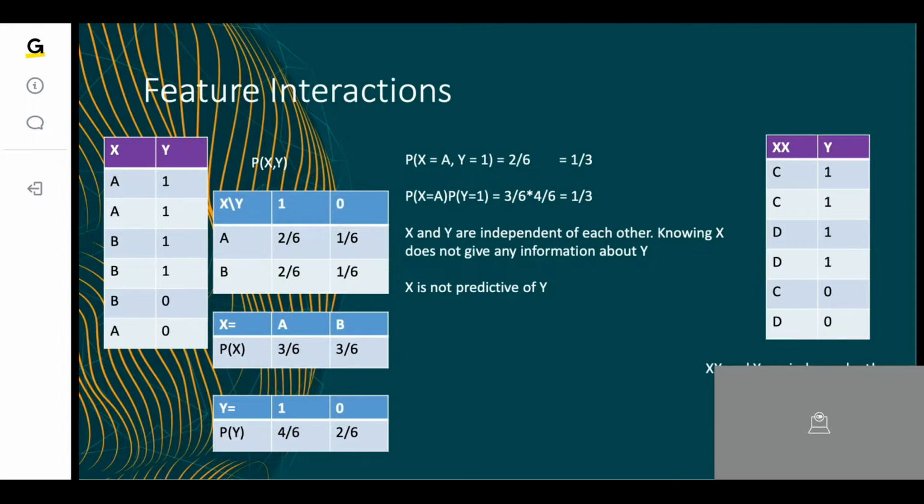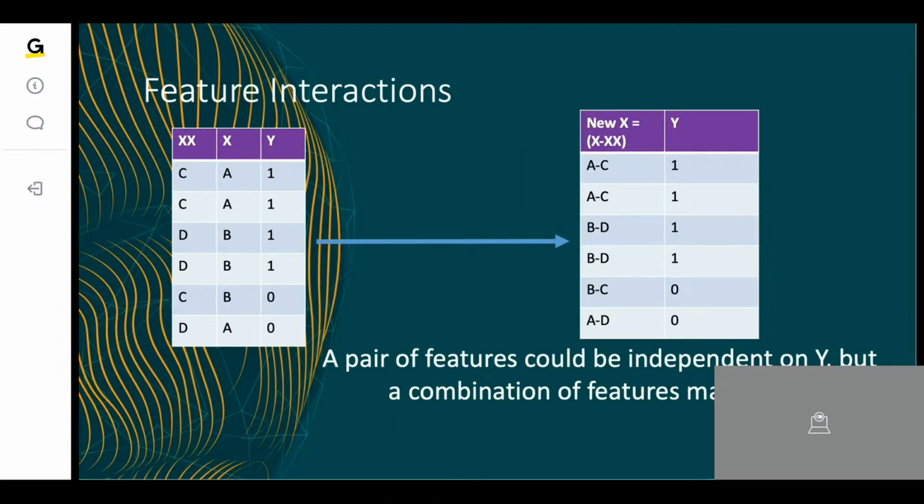However, the interesting thing that happens is that when you combine these two variables together, in this particular case, we have taken the two variables xx and x, and constructed a new variable, which is the subtraction of the two.